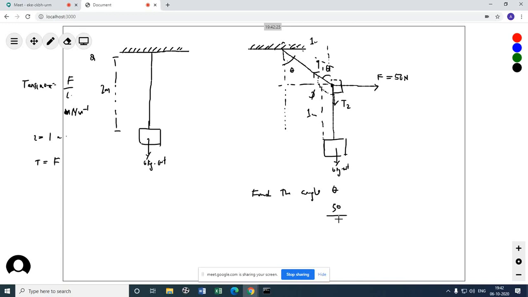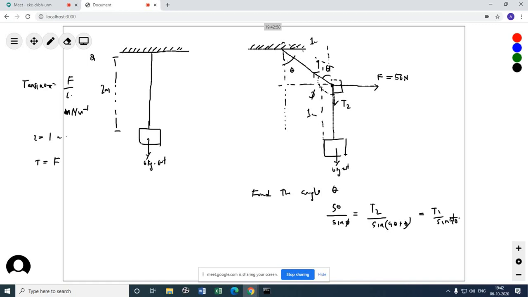Okay? So 50 by sine phi is equal to T2 by sine of 90 plus theta. Can I say it like this? Equal to, this is also, which one is this? T1, T1 by sine 90.